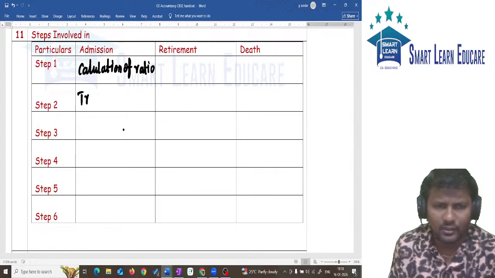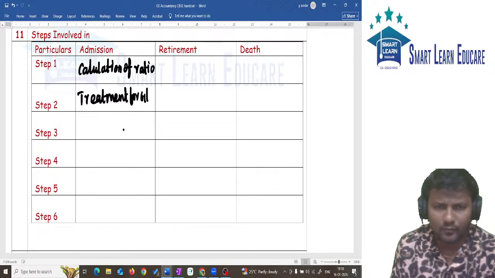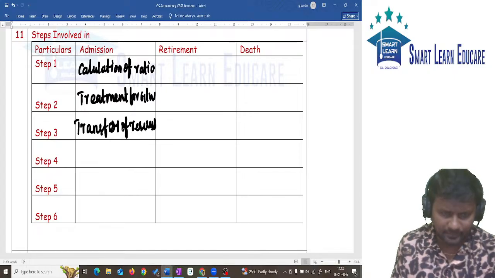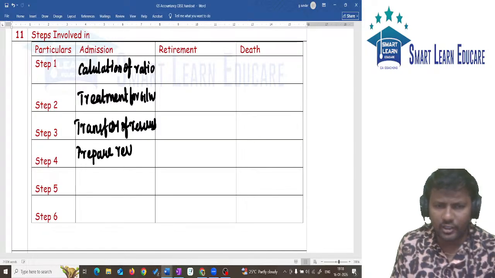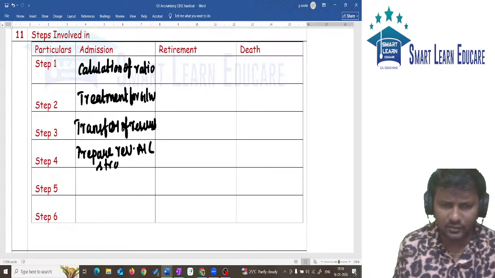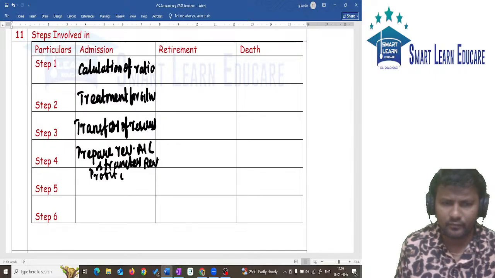Second step, treatment for goodwill. Third step, transfer of reserves. Fourth step, prepare revaluation account and transfer revaluation profit or loss to old partners.